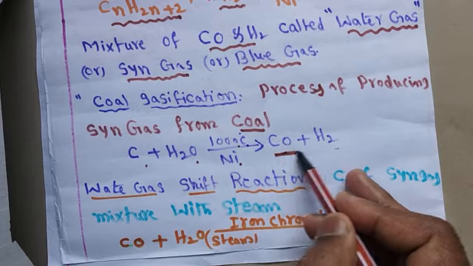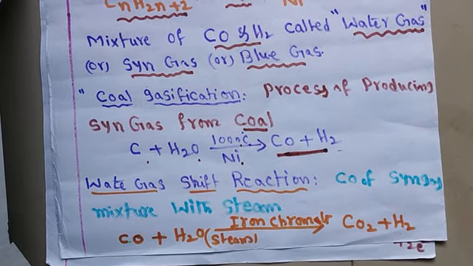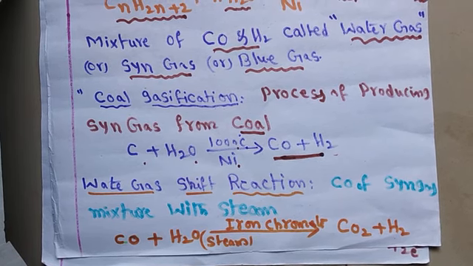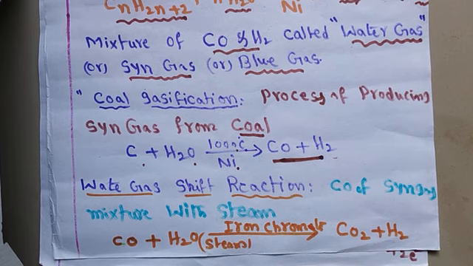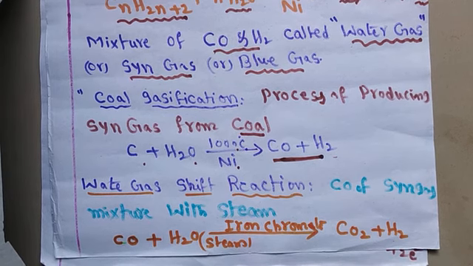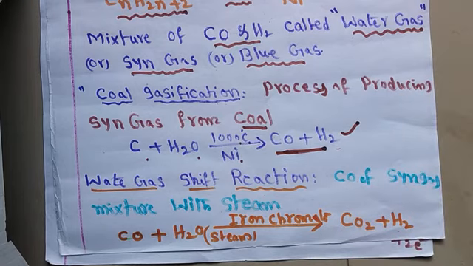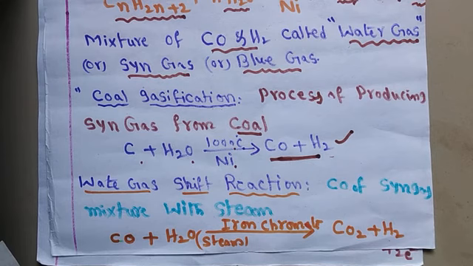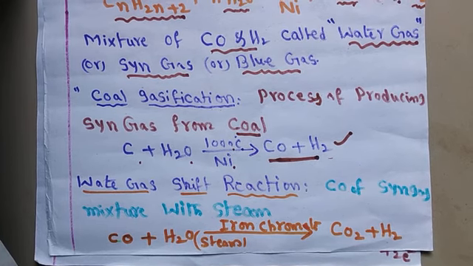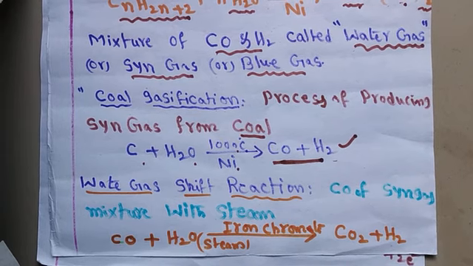This carbon monoxide and hydrogen mixture is called syngas, and this process is called coal gasification. Children, this reaction is often asked. What is the coal gasification reaction? You should write this reaction: coal or coke treated with steam in the presence of nickel catalyst forms water gas. That is called the coal gasification process, children.